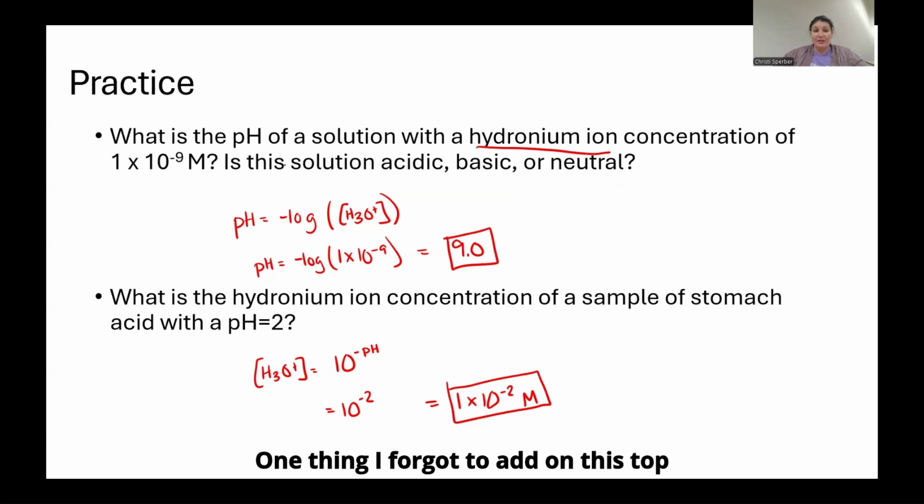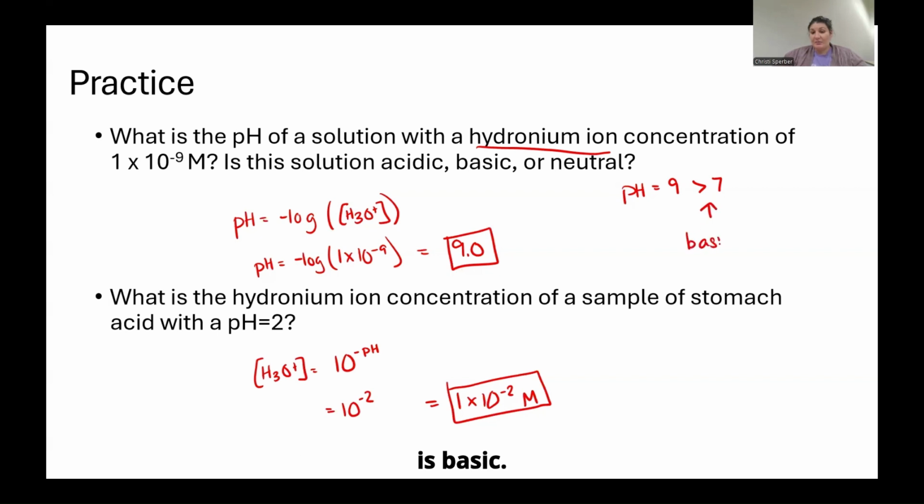One thing I forgot to add on this top one, it says, is the solution acidic, basic, or neutral? We have a pH of 9. A pH of 9 is greater than 7. If something is greater than 7, that means it is basic. Equal to 7 is neutral, less than 7 is acidic, greater than 7 is basic.